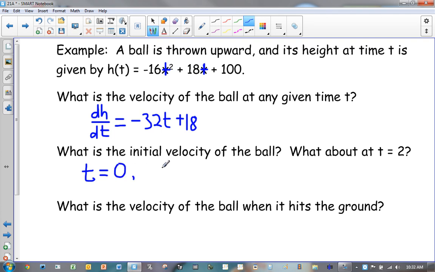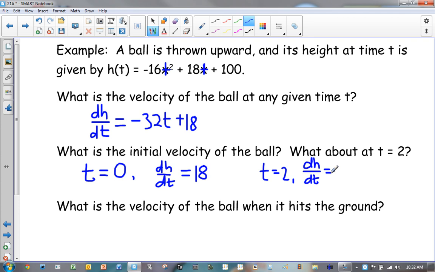Well, when t equals 0, then dh dt is negative 32 times 0 plus 18. So that's just 18. So that means it's starting by being thrown up at a velocity of 18. All right. When t is equal to 2, then dh dt is going to be the same thing, but with t replaced with a 2.